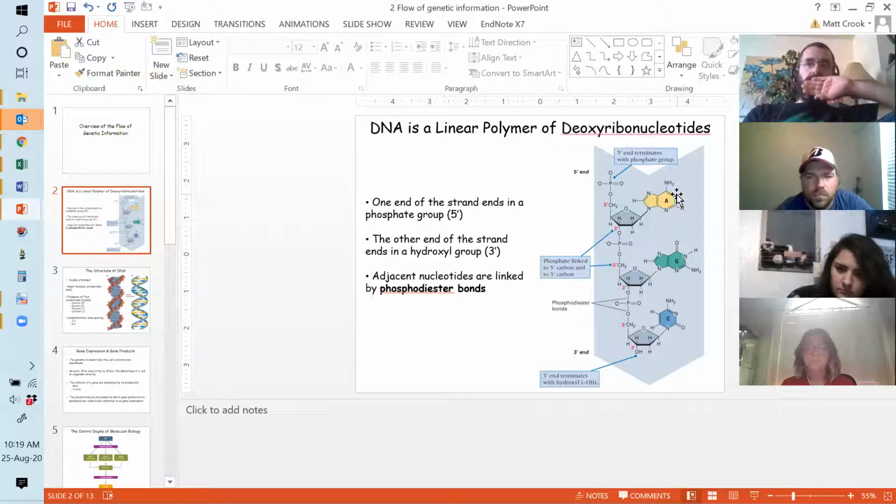So anywhere you have an N and an H, or a C and an O, or again an N and an H, you can look through all of these. These are able to form hydrogen bonds.